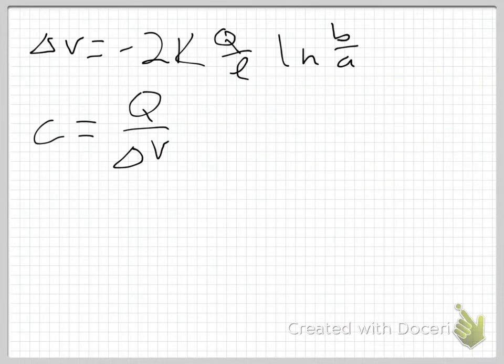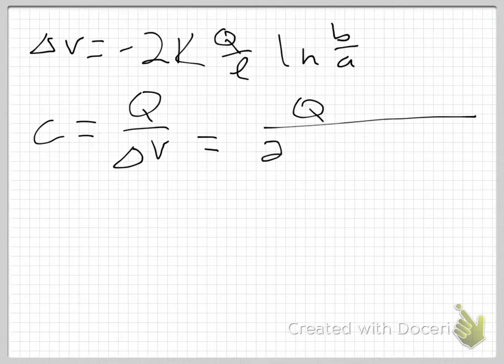So I want to define this in a positive way so that I don't have to worry about the direction that I'm moving. The direction of delta V sounds strange because delta V is a scalar, but it's the direction in which I'm moving from one conductor to the other. So I'm just going to nix the negative sign here, and what I get is Q over 2k Q over L log b over a.